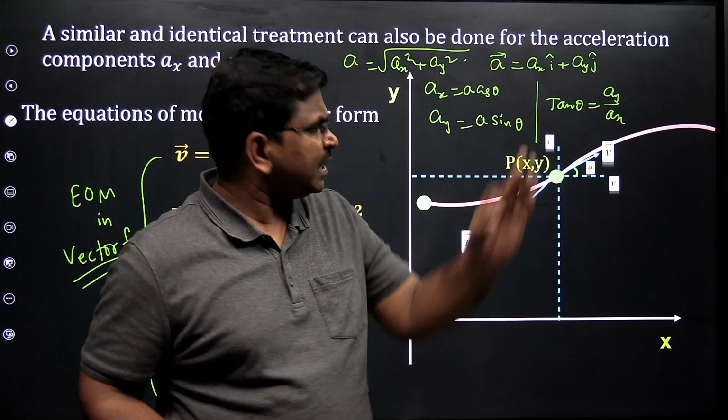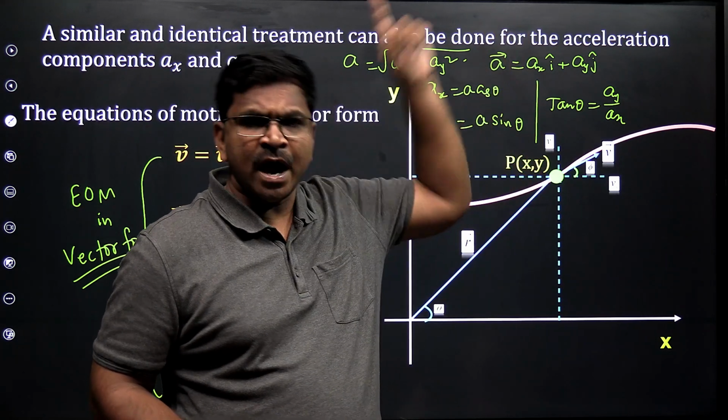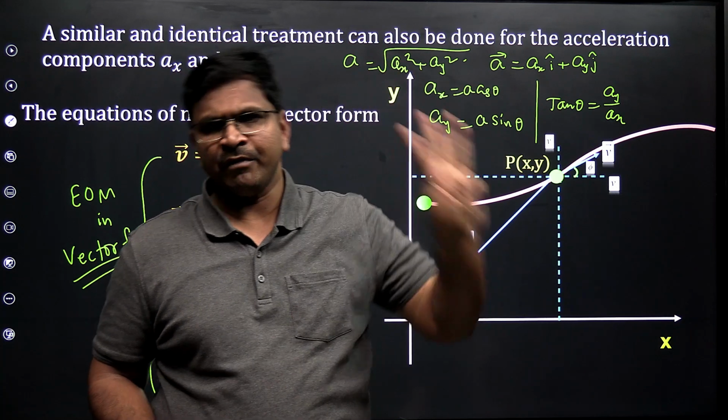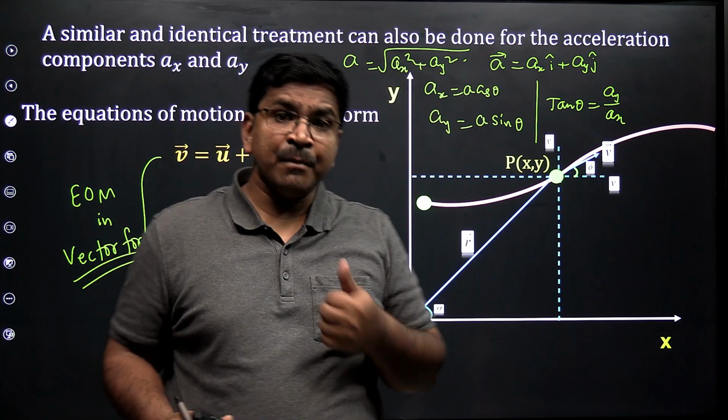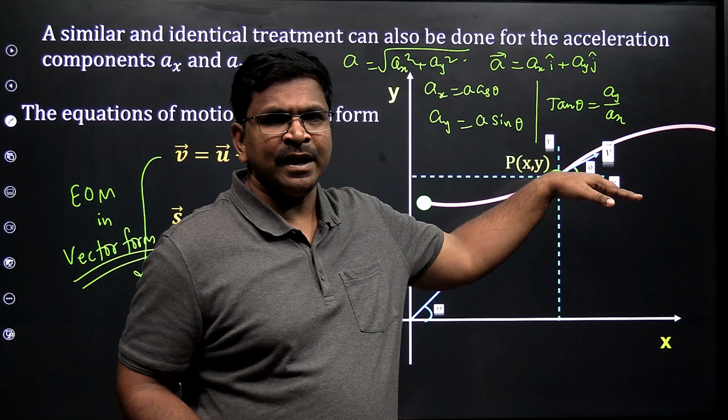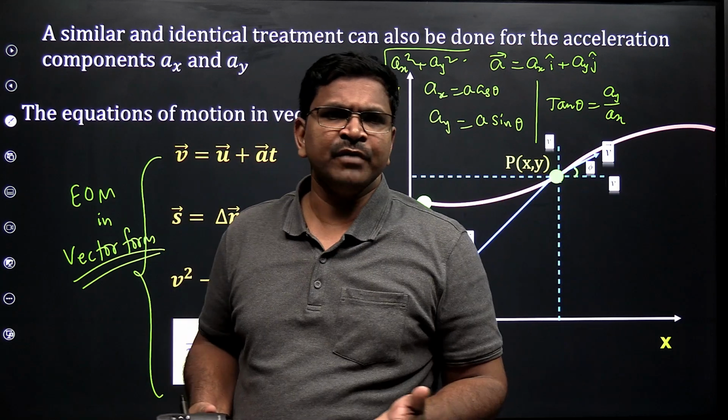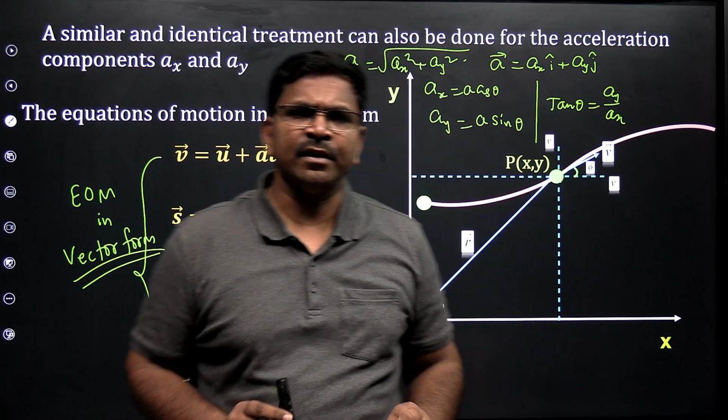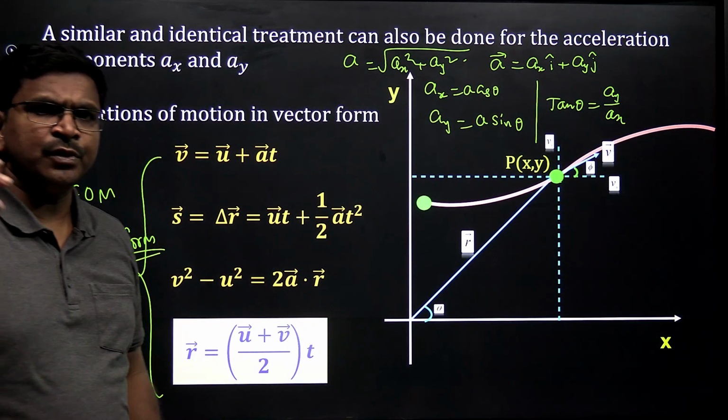Similar treatment is applicable in the y direction. I know y, I know Vy, I know Ay. And time is the common variable which connects both x-axis and y-axis variables. So this is the idea for problem solving in motion in a plane.